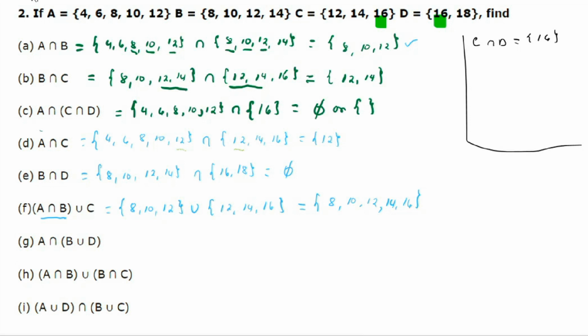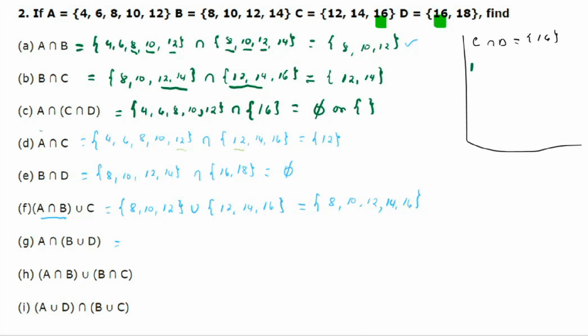Now for letter G, we have A intersection the quantity B union D. We don't have B union D yet, so I will answer that first. What is B union D?